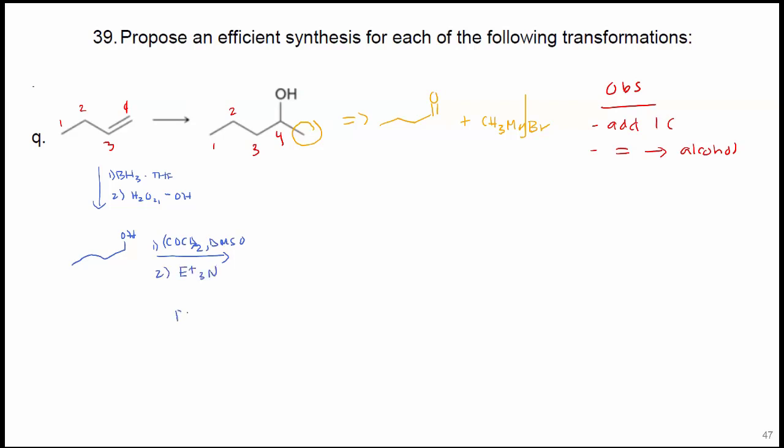Or you could use PCC or DMP. You don't want to use the Jones oxidation because that will go to the carboxylic acid. So that gets you that aldehyde. Then we add methyl magnesium bromide and water. Okay, any questions there?